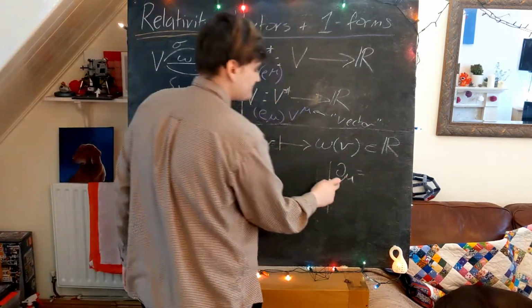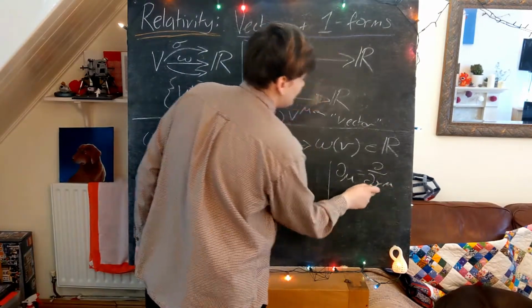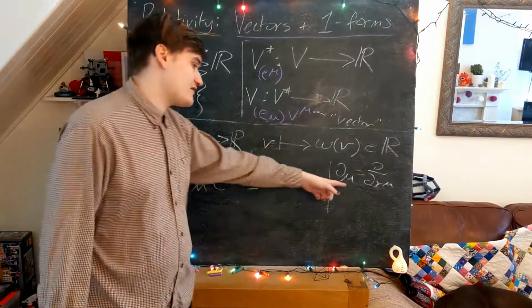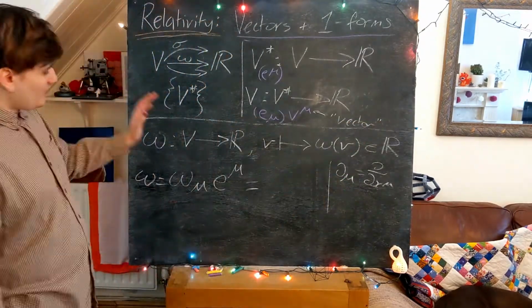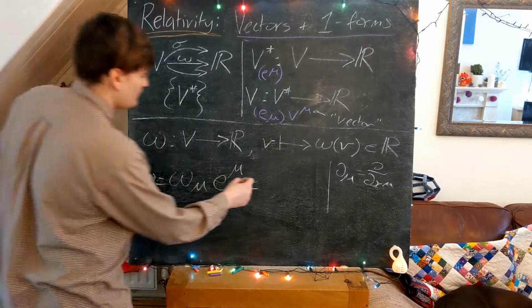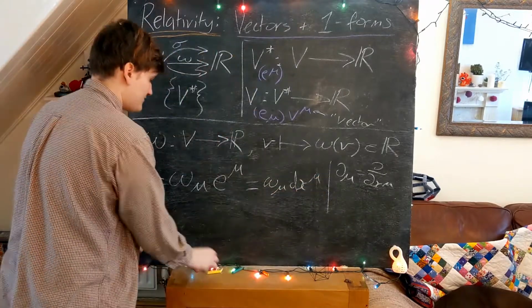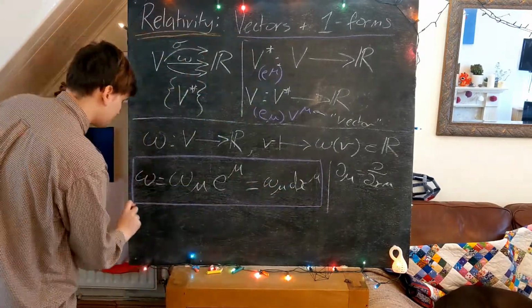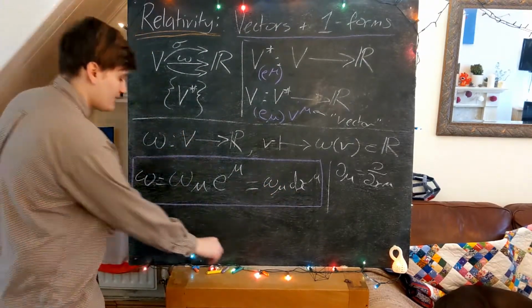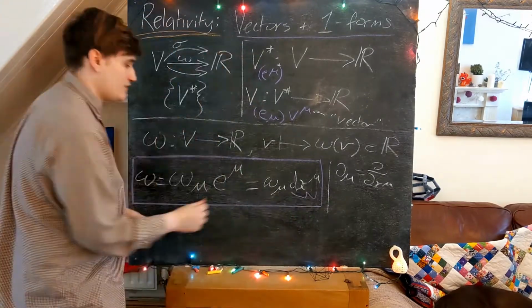So remember, this d mu is the derivative with respect to some particular coordinate, and that's essentially just going to give you a little vector pointing in the direction of this coordinate. And so we're going to have something similar for our one form basis, and I'm just going to simply tell you it's given by the following object. This new thing which I've introduced, this dx mu, is what's known as the one form coordinate basis.